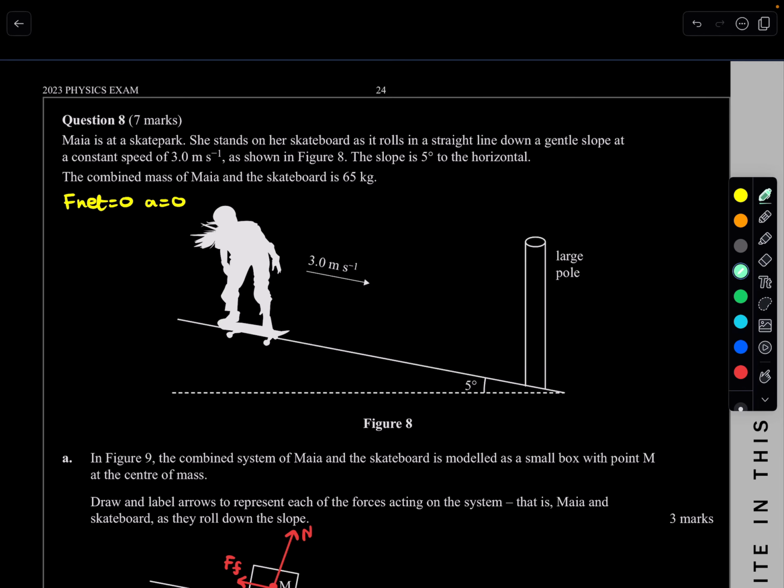I'm telling you guys, make sure you do all your practice exams. Do all of the VCAA ones, because those questions always repeat. If I look at the report, I'd probably see that a lot of students got it wrong, because they don't realize that momentum is transferred to the pole, and it always goes down to the Earth.